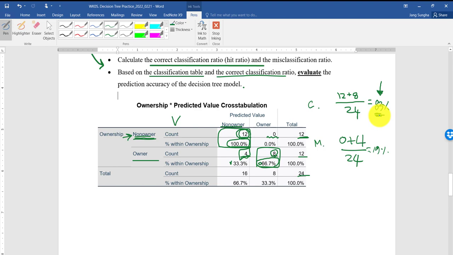So overall it is okay, but according to the patterns, I would say this model is for identifying non-owners with a very low error. But this model is not good for identifying owners.